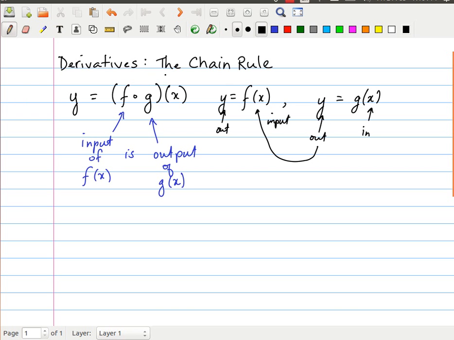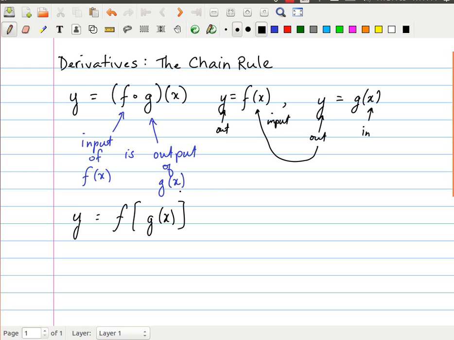So when we take the derivatives, we also have to take into account that chaining effect. So if we were to write this a different way, we would write this as y equals f of g of x. So basically, the input to f, which is the contents of this square bracket, is the entire function g of x.